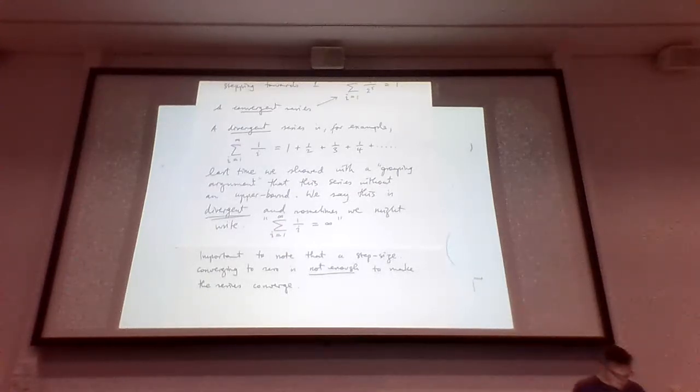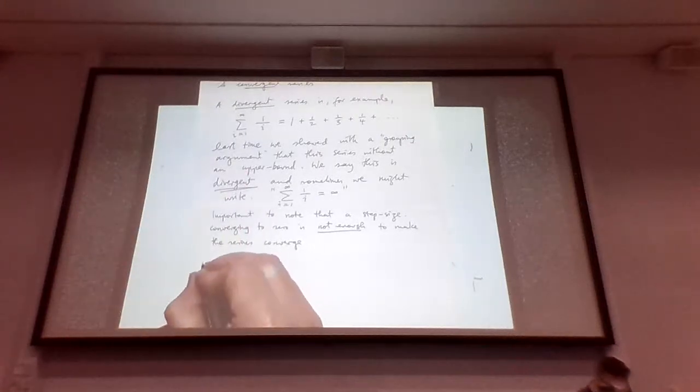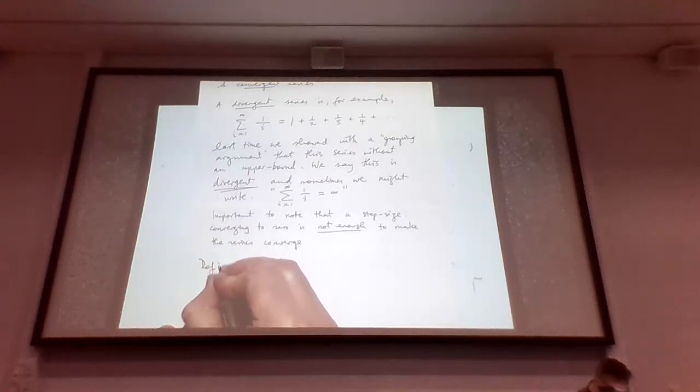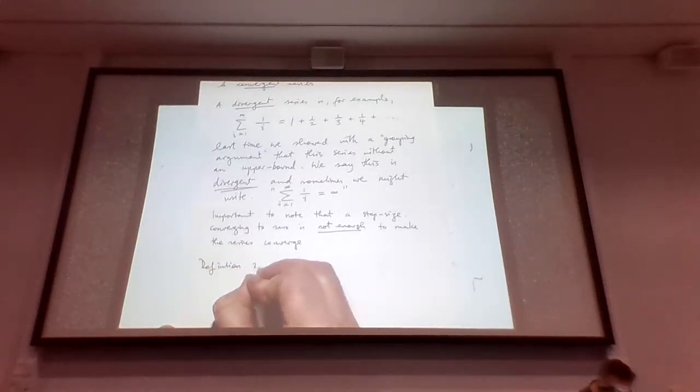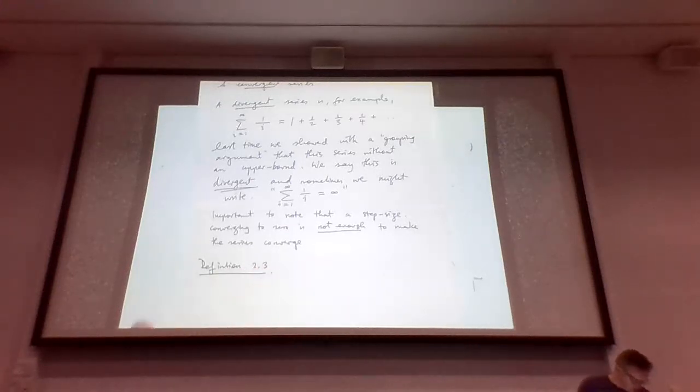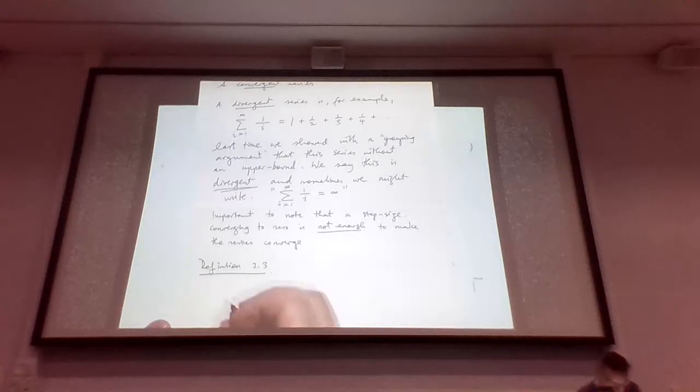So first, we just pin down the definition of what we're talking about. So this is definition 2.3. And this is our definition of what a convergent series is. And it links the notion of convergence for a series to convergence for a sequence, which we already understand. Okay?